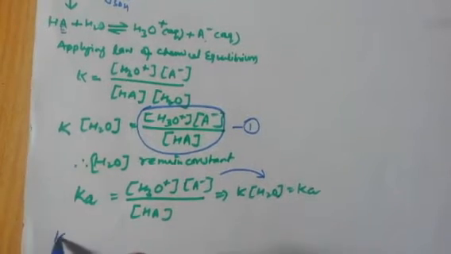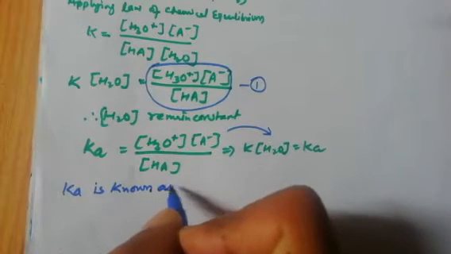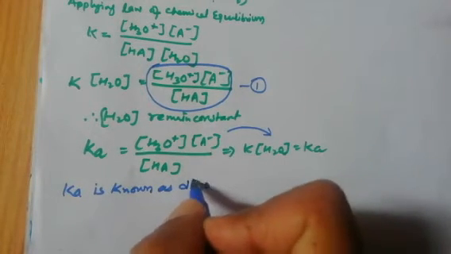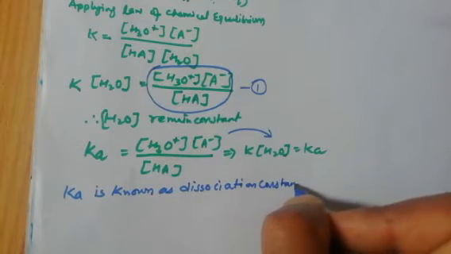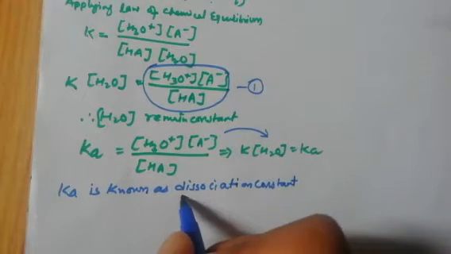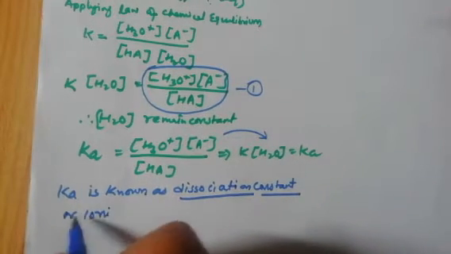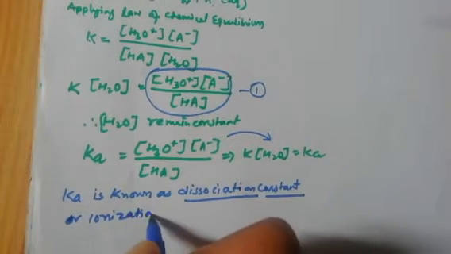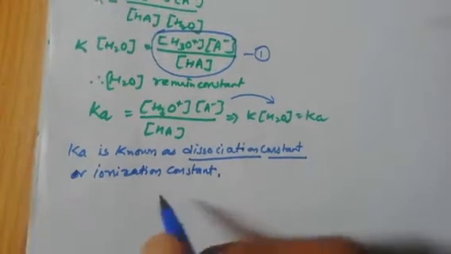It means that Ka is known as the dissociation constant or ionization constant.